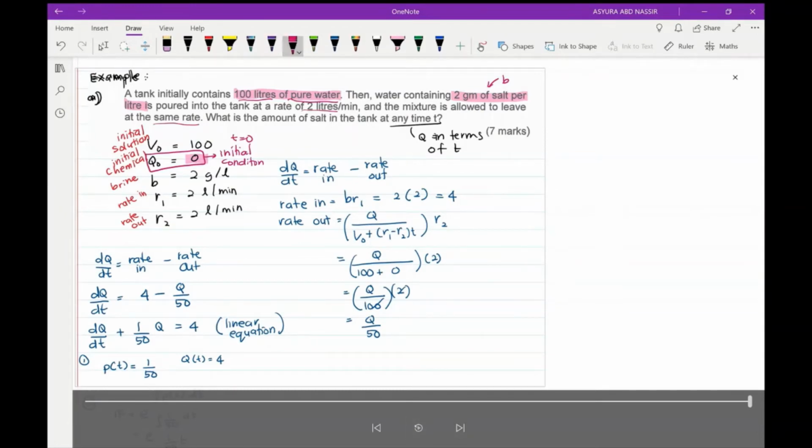If you compare with the general form of the linear equation, dy/dx plus p(x)y equals q(x), in this case this one will be your p and this one will be your q.